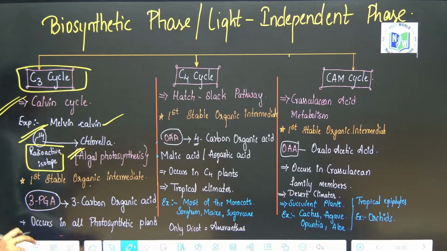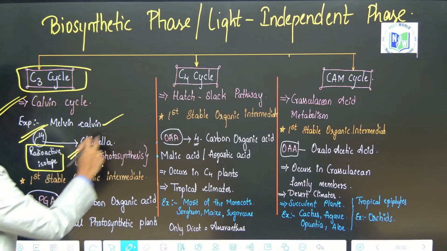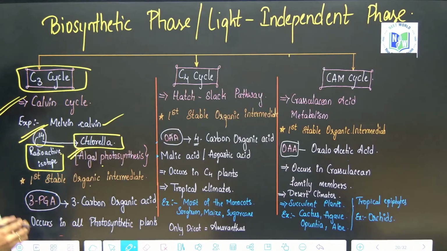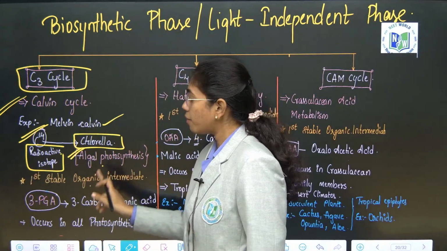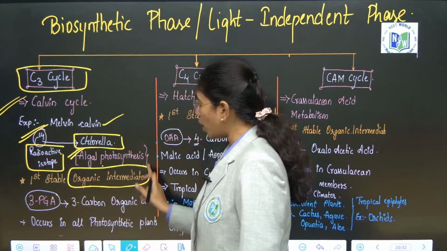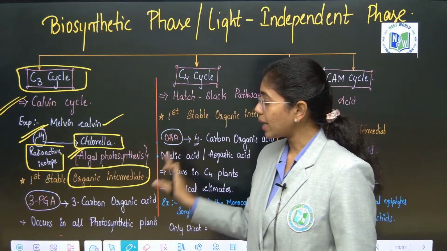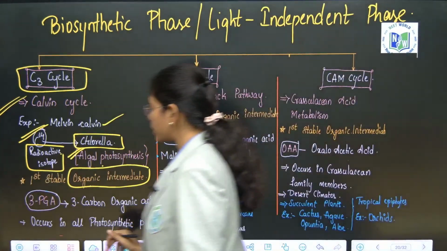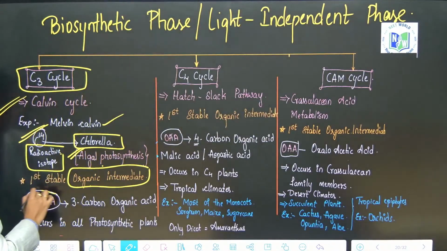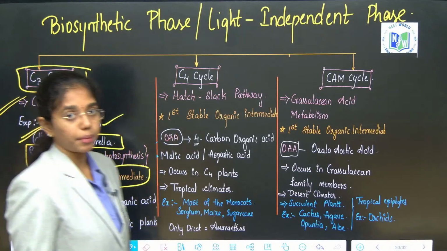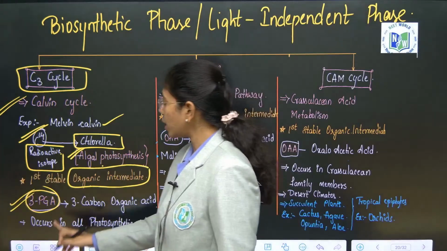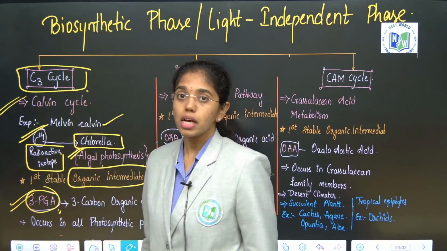Utilizing C14, he conducted algal photosynthesis with the model organism Chlorella, where he demonstrated that the first stable organic intermediate formed after primary carboxylation is 3-phosphoglyceric acid, which is a 3-carbon compound. This occurs in all the photosynthetic plants. That is why it is also known as C3 cycle.